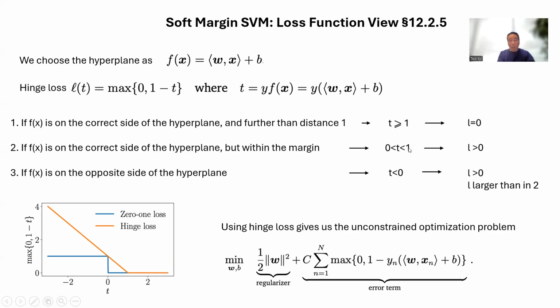When t is between 0 and 1, we get a value that's greater than 0, but based on the value of t. And when t is less than 0, then we get an even larger value, okay? And how we define t is this equation here, y times (wx plus b). And remember, y is either +1 or -1 because we cheated and knew in advance that it would be really convenient to have a positive and a negative with no magnitude, but just changing the sign.